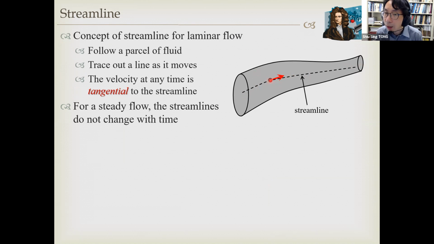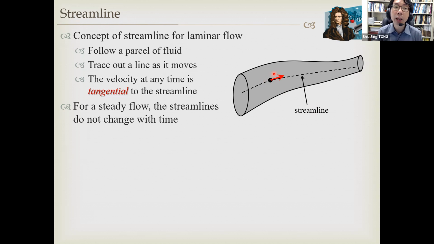At this moment, I am here, but at another moment, I am at another position, and at still another moment, I am at another position. I follow the flow all the way along the stream. My trajectory inside the liquid will form a streamline. The streamline is simply a trajectory of a parcel of liquid along the flow.